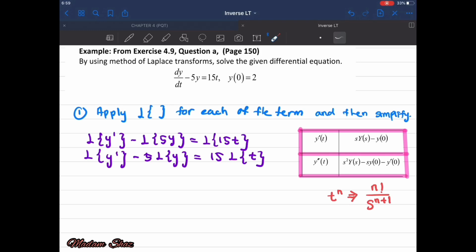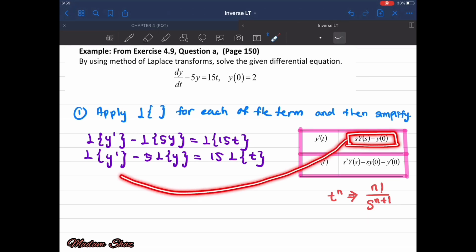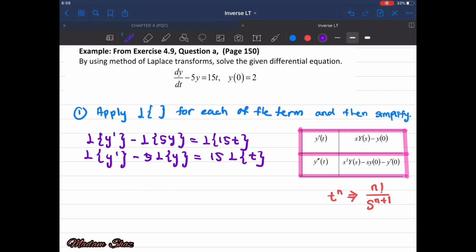Now by referring to the table of the Laplace transform, simplify the Laplace y prime. Laplace y prime(t) is equal to sY(s) minus y(0). So you substitute sY(s) minus y(0) in the position of Laplace y prime. Therefore, sY(s) minus y(0) minus 5 Laplace of y.